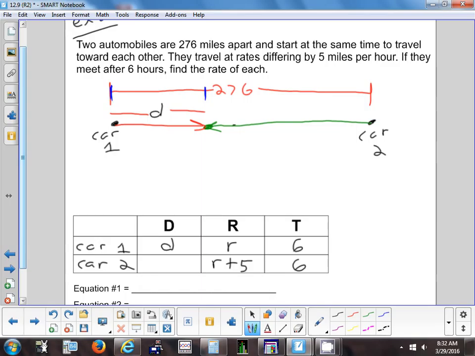Okay, let's think of it this way. Suppose I had $276 and I spent 10. Let's pretend like I spent 10 of it. How much would I have left if I had $276 and I spent 10?